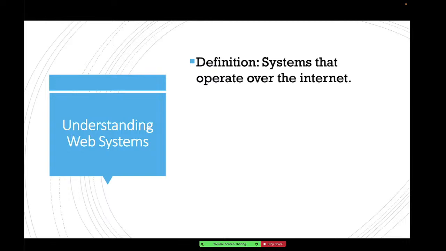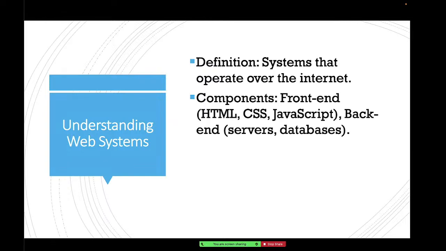It will be a system that is on one computer, and it will be accessed on different computers or different phones at the same time, or at different times. However, software will be just on a single computer. So web systems operate over the internet, and we shall go deeper and see what is meant by web system.